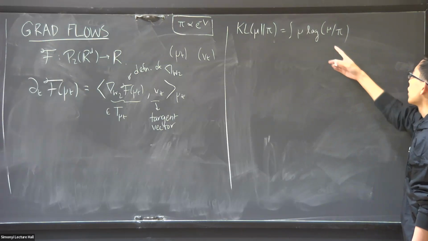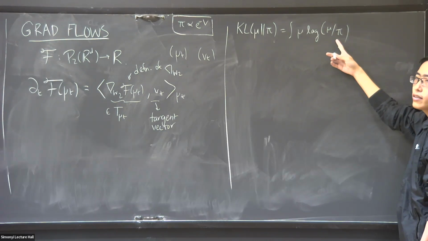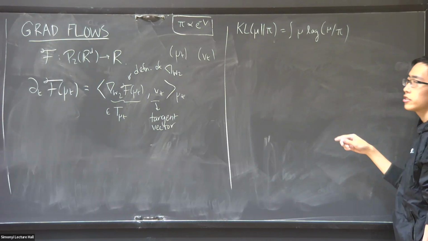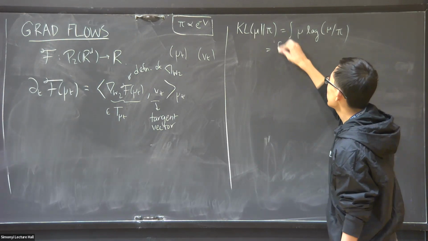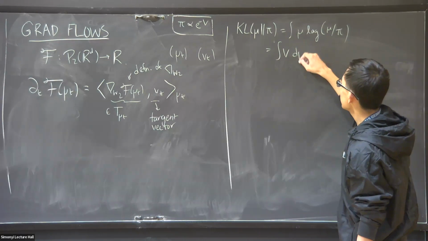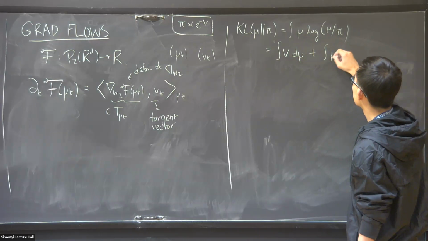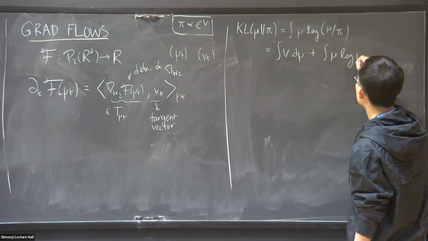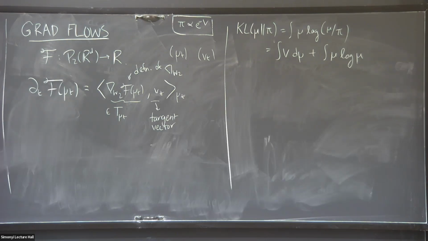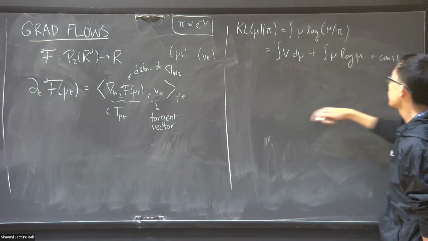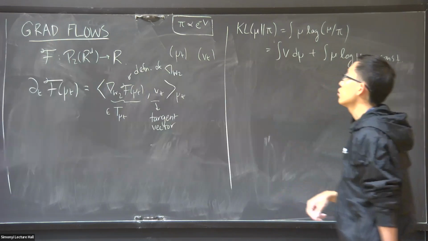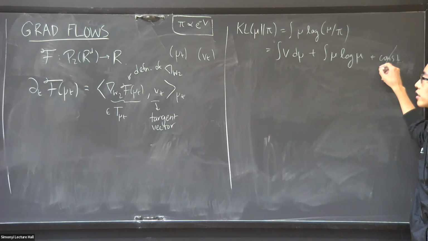If I take log of 1 over pi, that will give me V, my potential. So I can split this into two terms: the integral of the potential V with respect to mu, and also the entropy of mu, which is the negative of the Shannon entropy. Then there's an extra constant because I only talked about this up to proportionality, but of course we don't care about the constant.